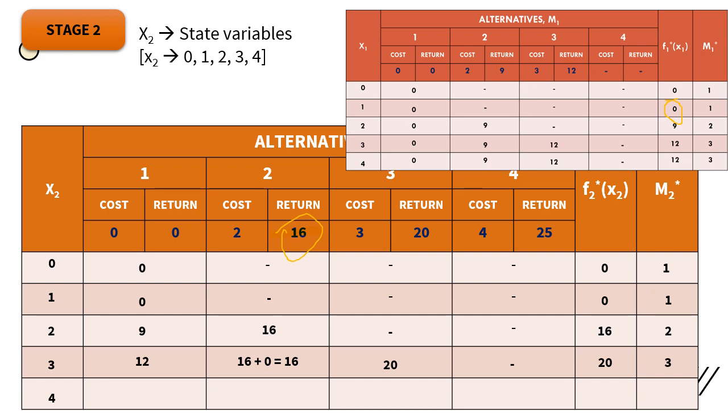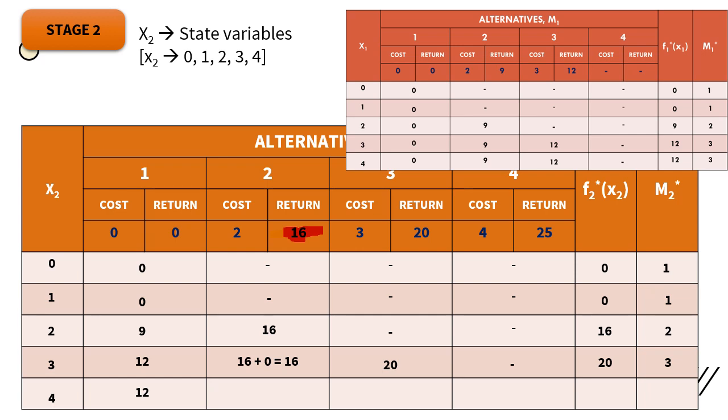Next, if I have 4 crores, I'll spend the entire 4 crores in the previous plant, which gives 12. So the best alternative is 12 here. If I spend 2 here, I will get a return of 16.